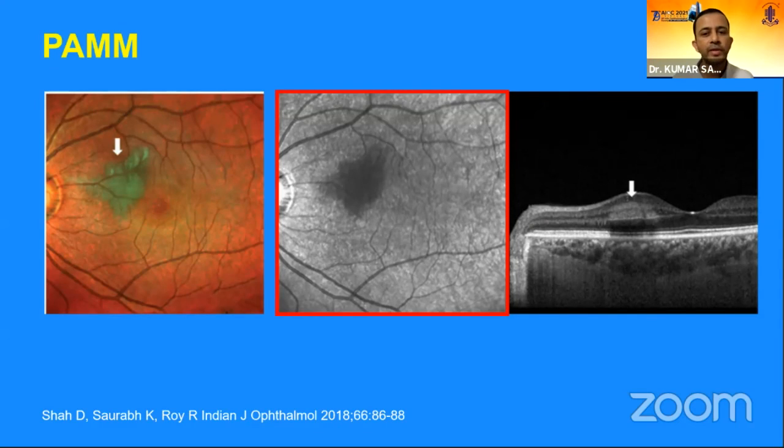So the reflectance from the infrared channel has been masked by the thickening and hyperreflectivity of the inner nuclear layer, and that's why reflectivity is blocked. This blocked reflectivity from the infrared channel is characteristic, and we say that PAM is characterized by hyporeflectivity on the infrared image. That's how it looks, and obviously OCT shows the thickening of the inner nuclear layer.